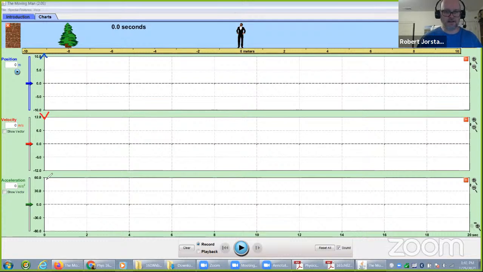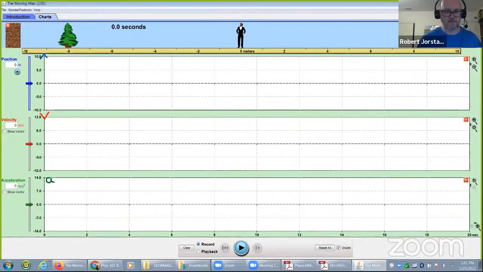And this one down here is acceleration. Okay. And so I think if I remember right, we're going to need to zoom in here a lot. There we go. And then let's go ahead and look at this one now. Let me see if I could zoom this one in. There we go. All right.